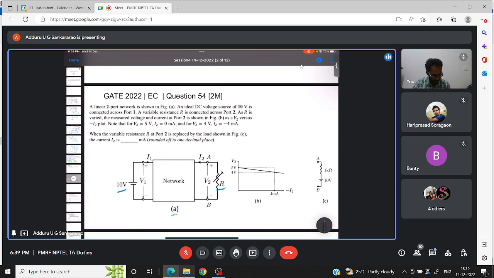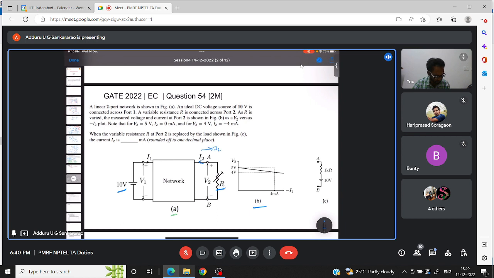Now as R is varied, the measured voltage and current at port 2 are given in Figure B. Here I2 is the entering current in port 2, so you can say minus I2 is the leaving current from port 2.